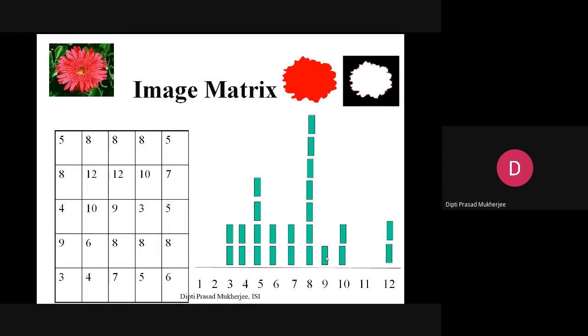How many clusters are there? No, there are 2 clusters because there are mainly 2 peaks, one at 8 and one at 5. Most likely, the number of pixels having pixel value 8 is 7 and the number of pixels having pixel value 5 is 4.